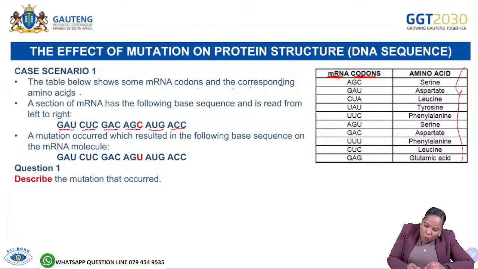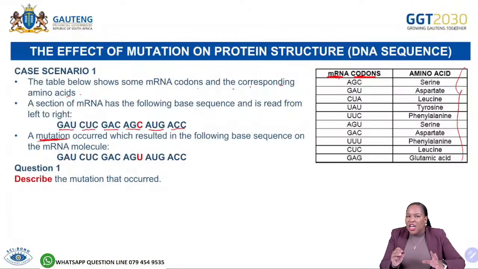Then what you are dealing with now is a mutation. Remember, this is a typical question that can come. A mutation occurred which resulted in the following base sequence on the mRNA molecule. Now, there was a change in the sequence of the nitrogenous bases. That's how you explain mutation.